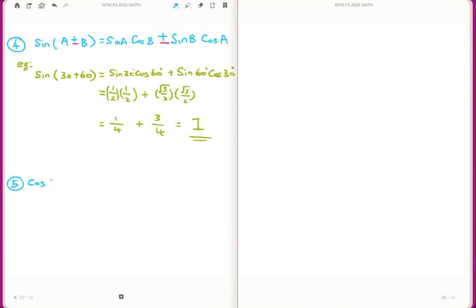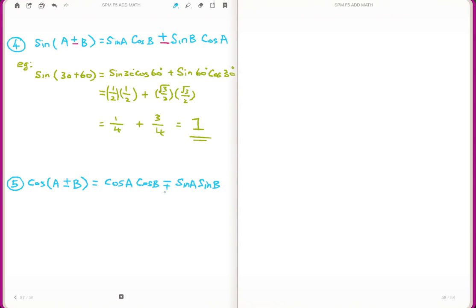Now cos will be slightly different, because cos of A plus B is cos A cos B, and if it is plus, then the outcome has a minus, then the rest is sine A sine B. If it's plus, it will be minus. In the event when it's minus, then it becomes plus.